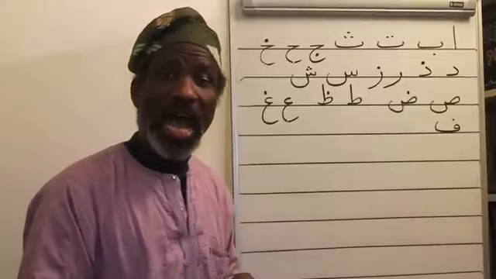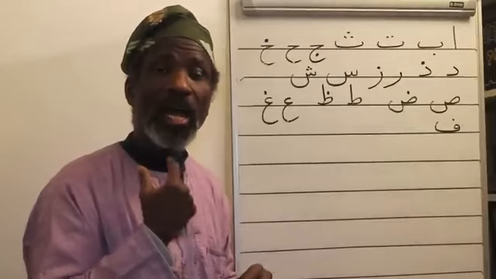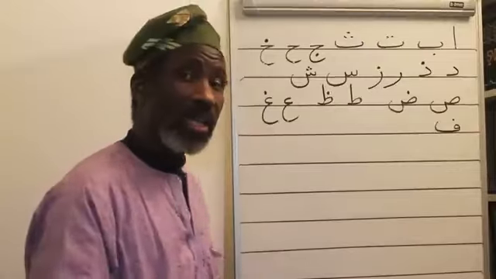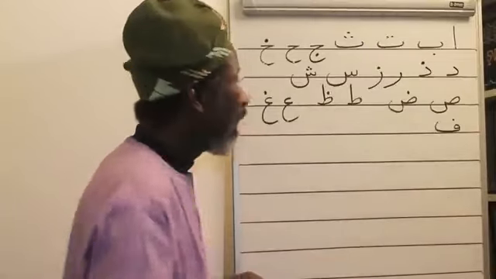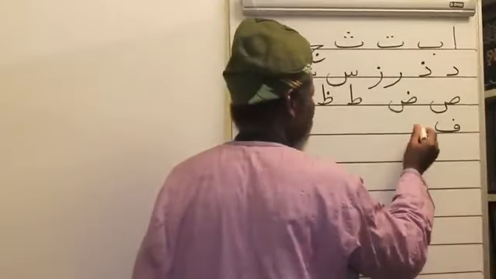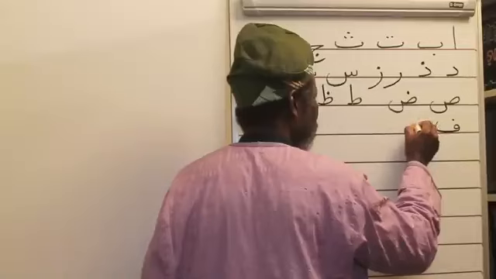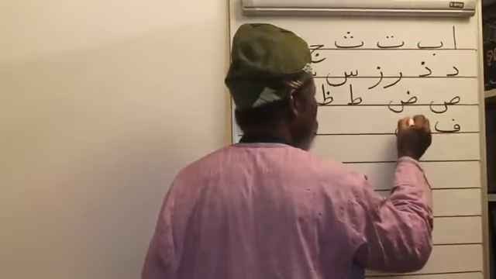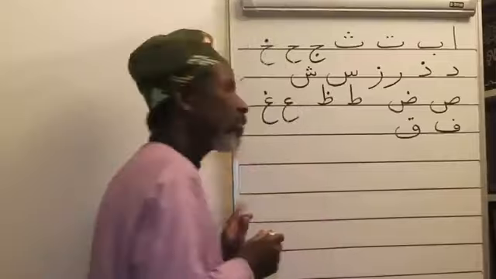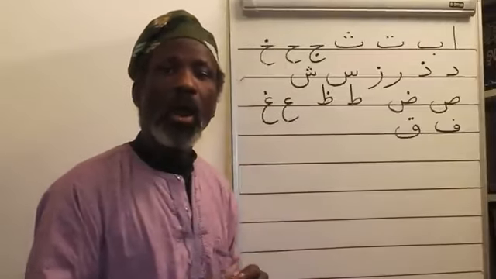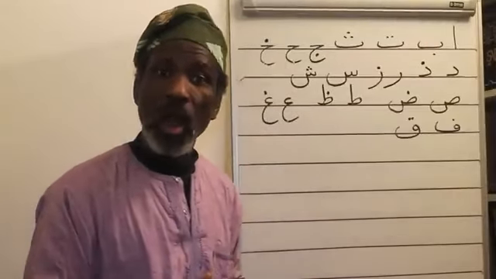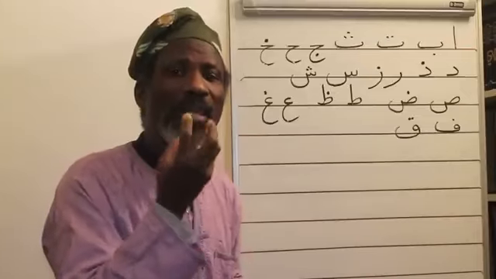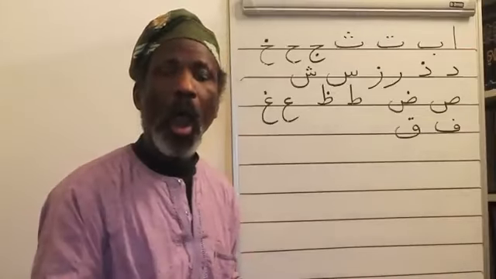That's a fa, fa, fa, fa. That's very simple. Fa, like F-A, yeah, fa. The next in the family, slightly deeper than the fa, so you have two dots on top of it, and that's a qaf, like in the coffee, coming back from the throat, when you say it with the mouth slightly open, qaf.